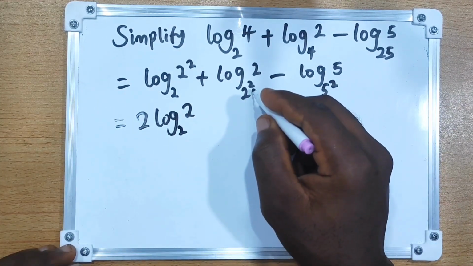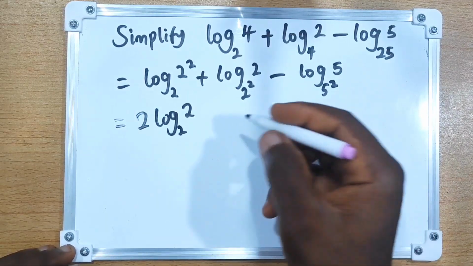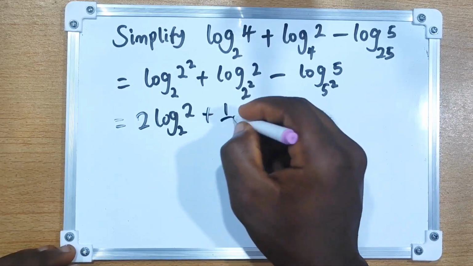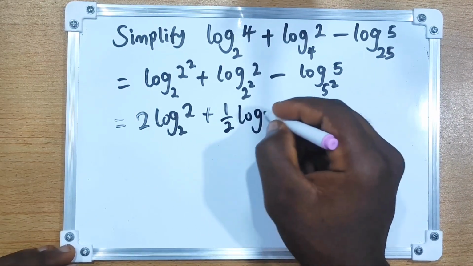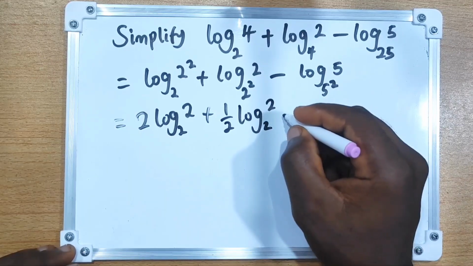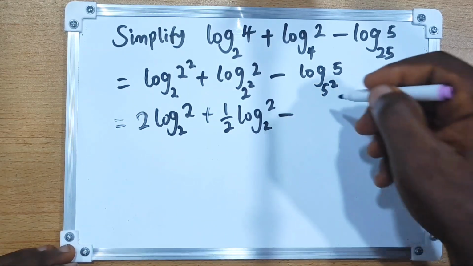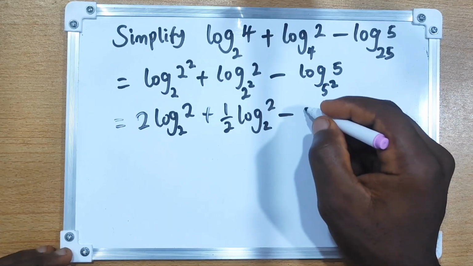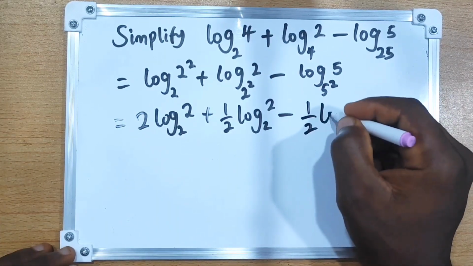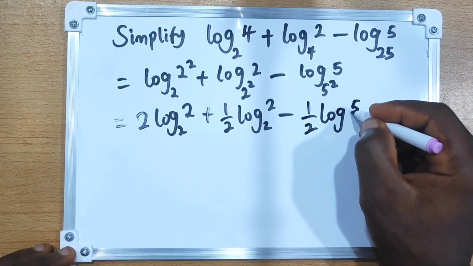Now, this 2 here is in the base, so it has to become an inverse. So this will be 1 over 2 log 2 base 2, then minus this power here is also in the base, so I have to bring it to become an inverse. It's going to be 1 over 2 log 5 base 5.